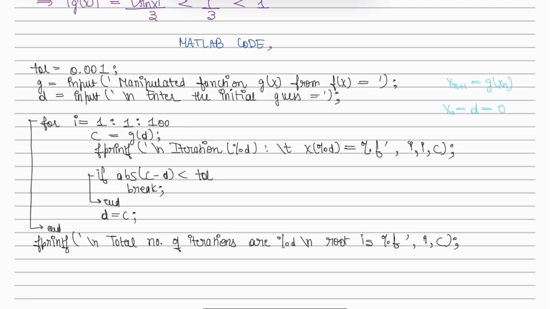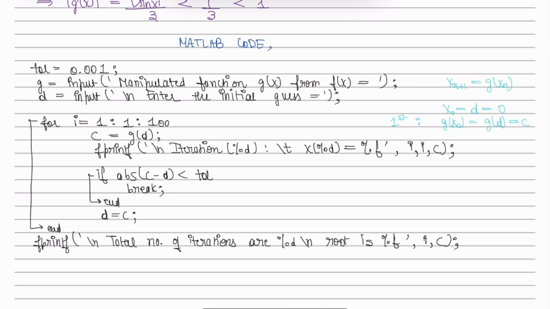Then I have started the iterative process. For the first iteration, I have calculated the value of g of x naught, which is equals to g of d, and stored in the variable c.